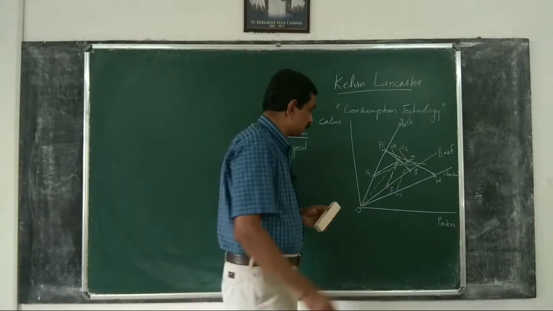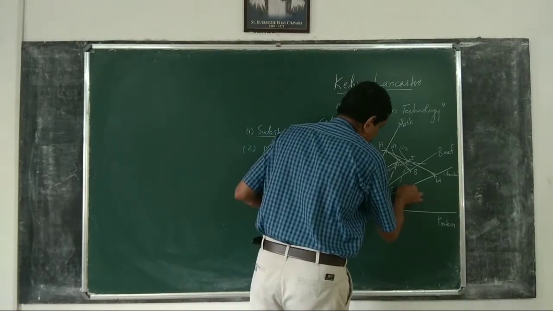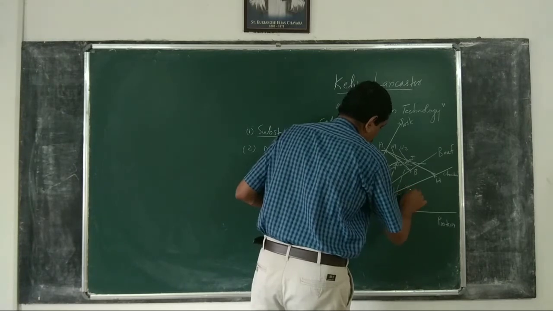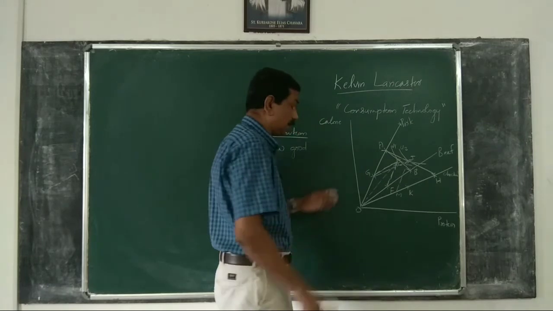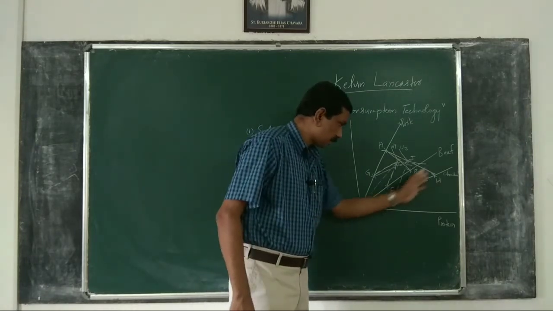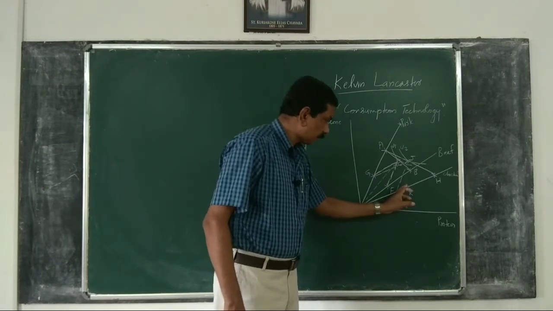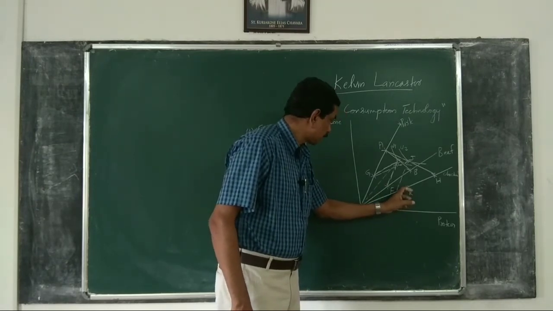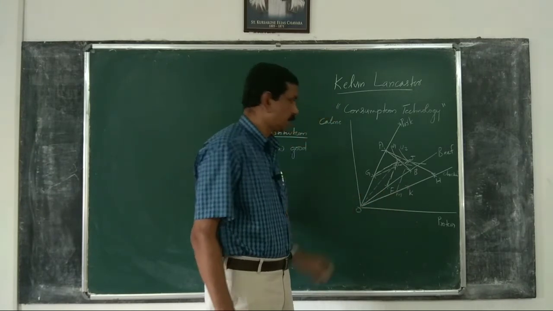Suppose that with $10, our consumer can reach only point K, where he will get only this much protein and this much calorie.